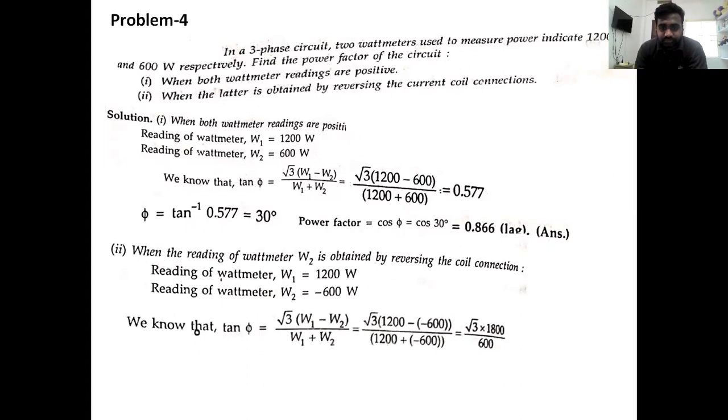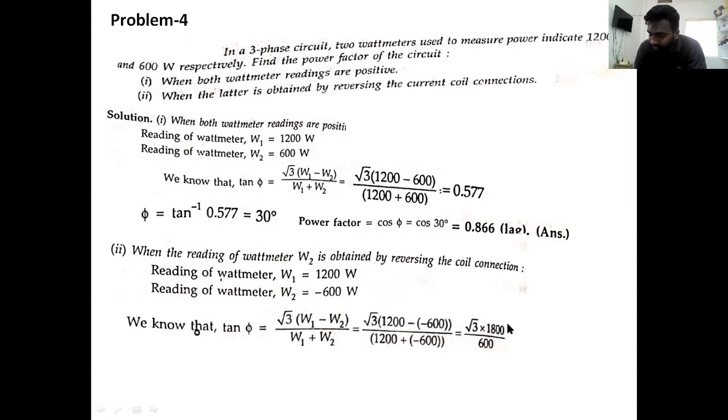Substitute the values here: tan phi is equal to root 3 into W1 minus W2 by W1 plus W2, that is equal to root 3 into 1200 minus of minus 600 divided by 1200 plus of minus 600. If we simplify, this is the expression.